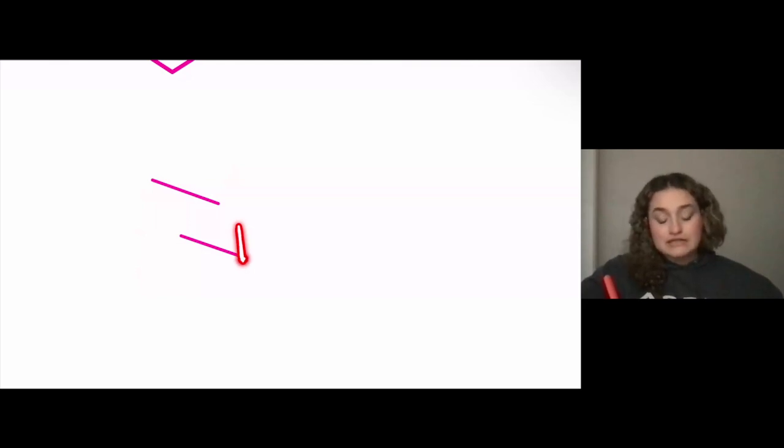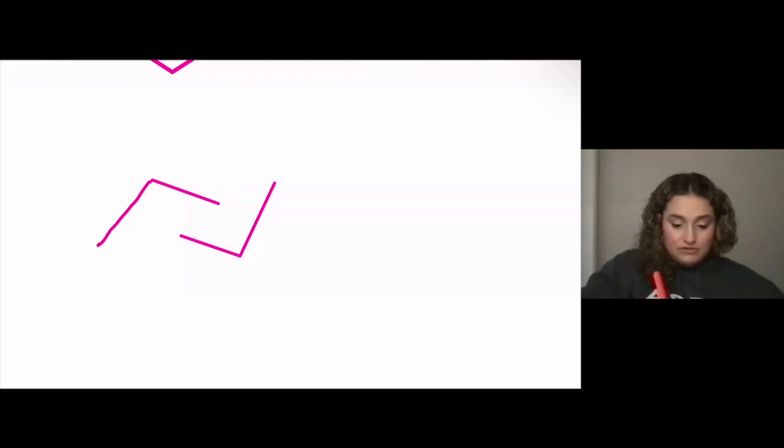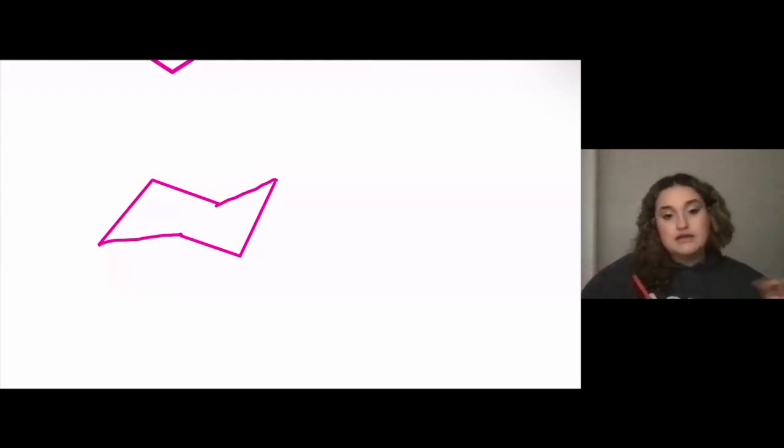Don't do that. Instead of going straight up, you may have the urge to do that, but look at it and be like, that's not right. I want to go out. Instead of going straight down, you go out. So you're going to go slightly out. Then you're going to connect the lines. That is how you draw a chair.